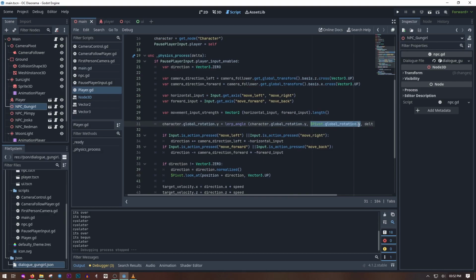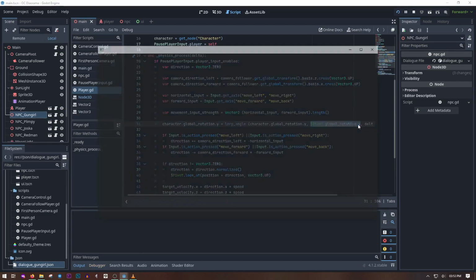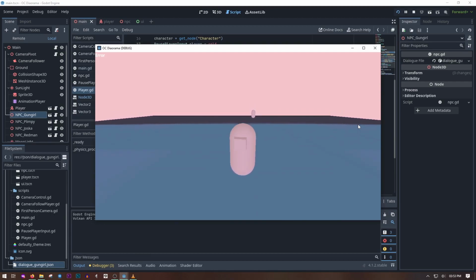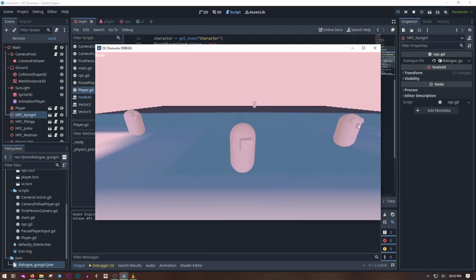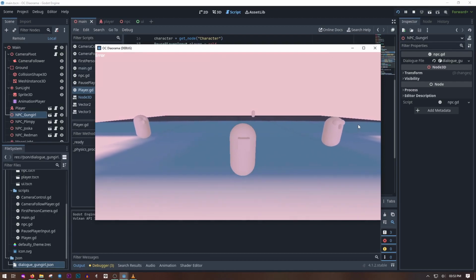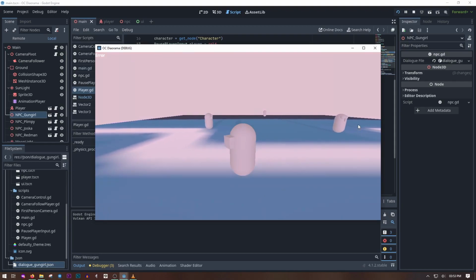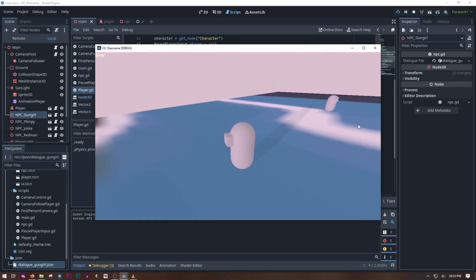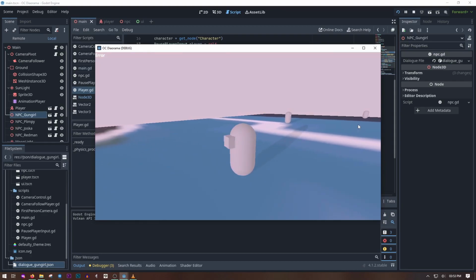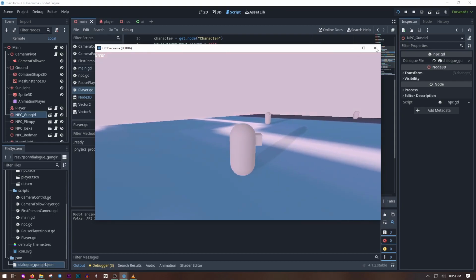Any small movement of the left analog stick would make it go bleh, bleh, because it was happening immediately. I like the idea of it smoothly turning around as you press the button. It's very subtle, but you can tell the model is lagging slightly behind the position the character is moving in. I can obviously change the variables to make it quicker or more sluggish, but that's what's happening with that code.